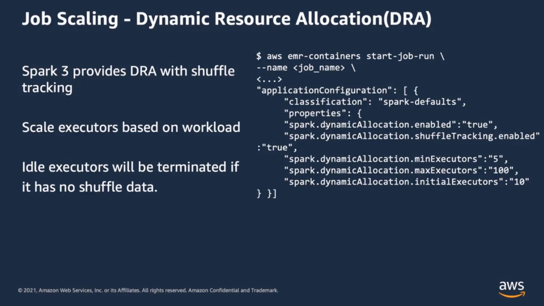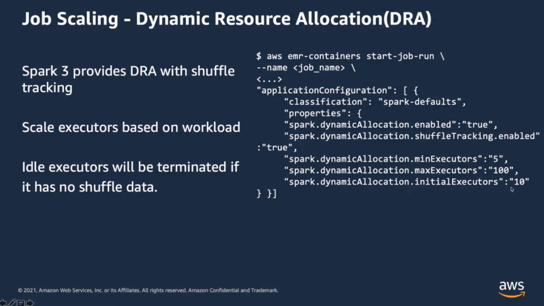Spark 3 provides a capability called dynamic allocation with shuffle tracking. This is a way to enable dynamic resource allocation with Spark on Kubernetes, and it is available from Spark 3. In this configuration, you specify the initial number of executors.